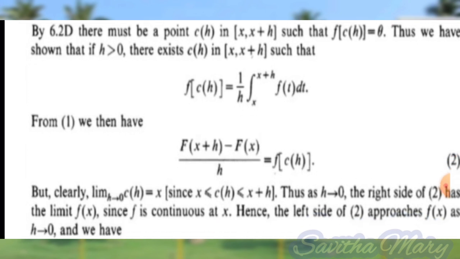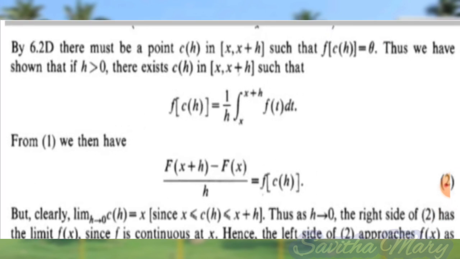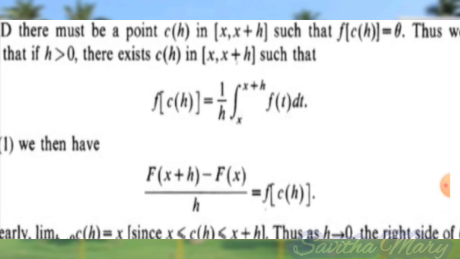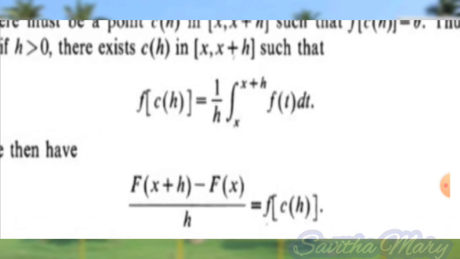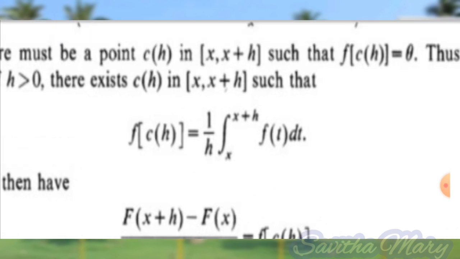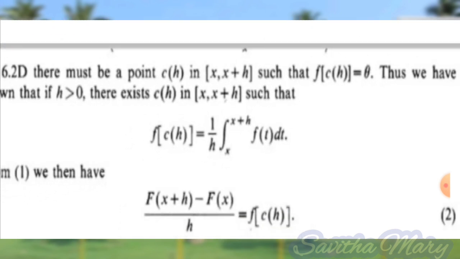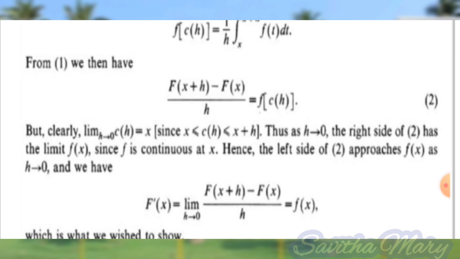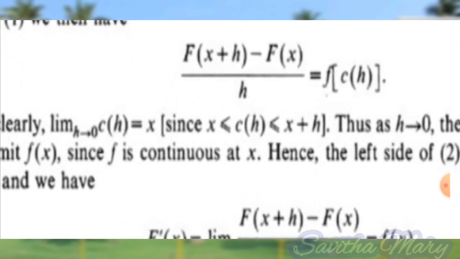In such a case, when the value h approaches 0, the value c of h approaches x. It is obvious: as h approaches 0, c of h approaches x. This is what I have defined here, limit h tends to 0 of c of h equals x.